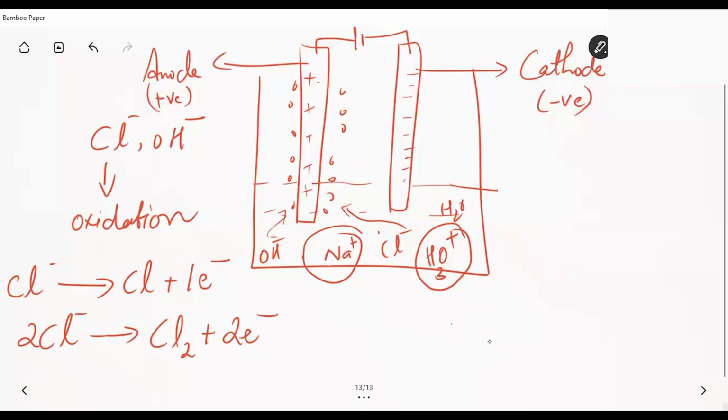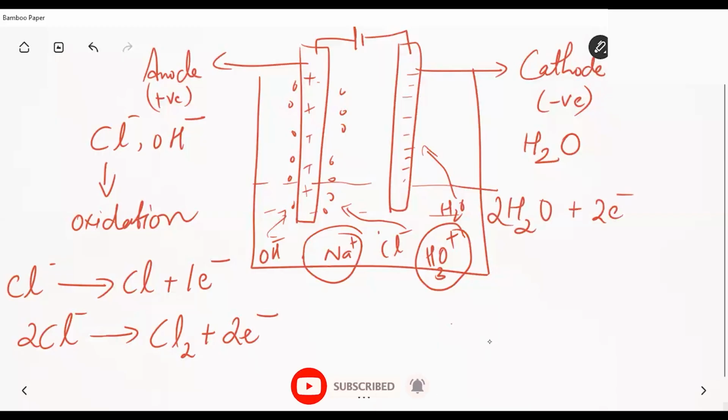So here water is going to attack before Na plus and H3O plus ions. So what will happen? Water will reach here first and it will gain 2 electrons and release hydrogen gas. This is the reaction taking place at cathode.